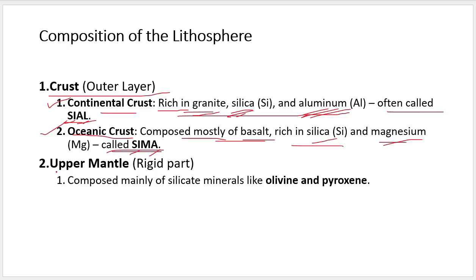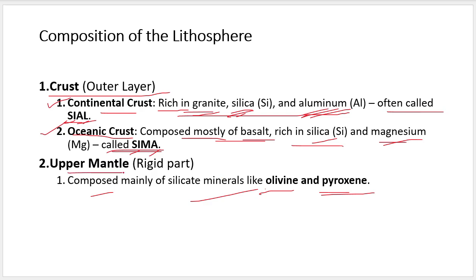Then second, the upper mantle, the upper portion of the mantle, is mainly composed of silicate minerals called olivine and pyroxene. These two minerals are found in the upper portion of the mantle.